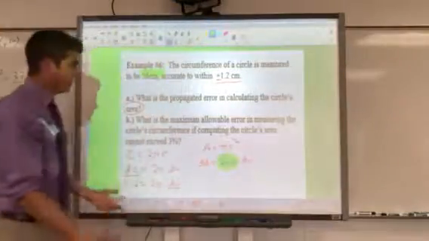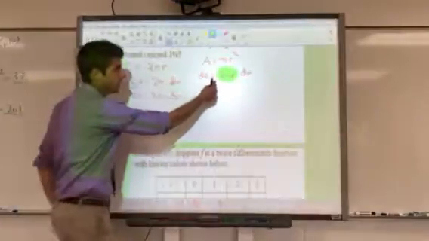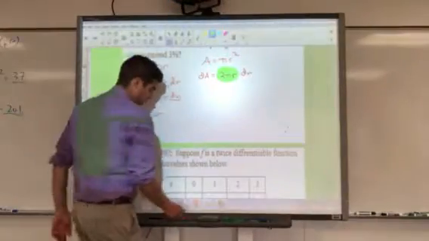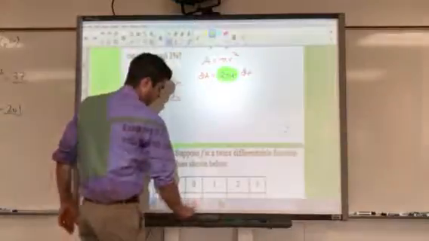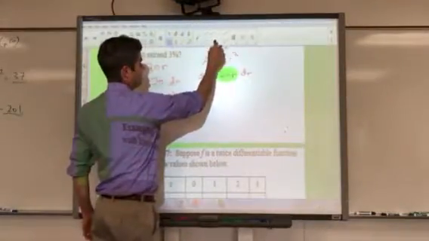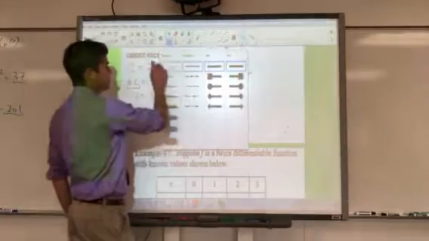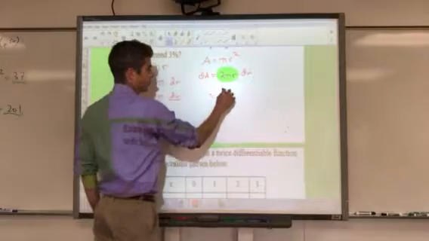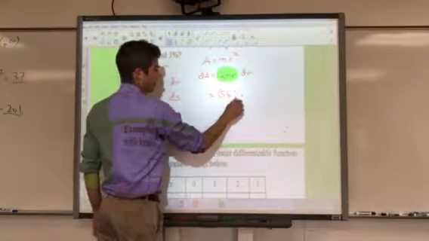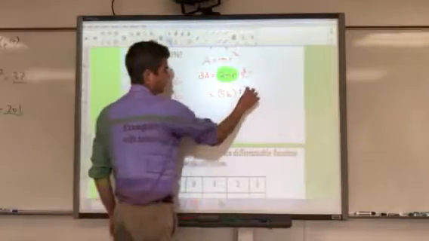It's 56, so I can sub in that 56 right there, because this does represent circumference. It's kind of a nice little, as my son would say, a hack, if you will. So we can substitute that in. It doesn't always work, but in this case it does, which is nice. So dA equals 56 times the plus or minus 1.2 over 2 pi.